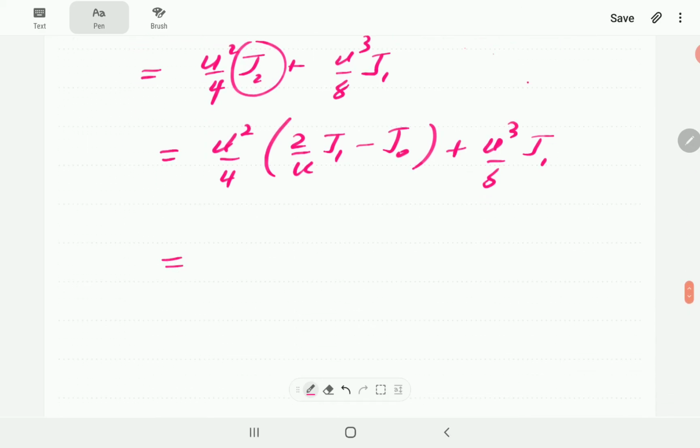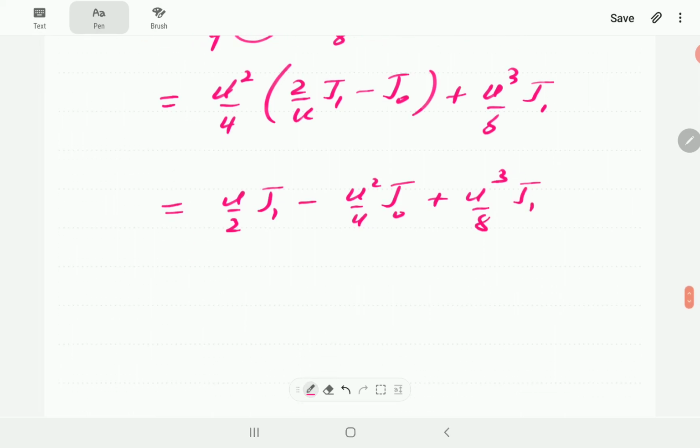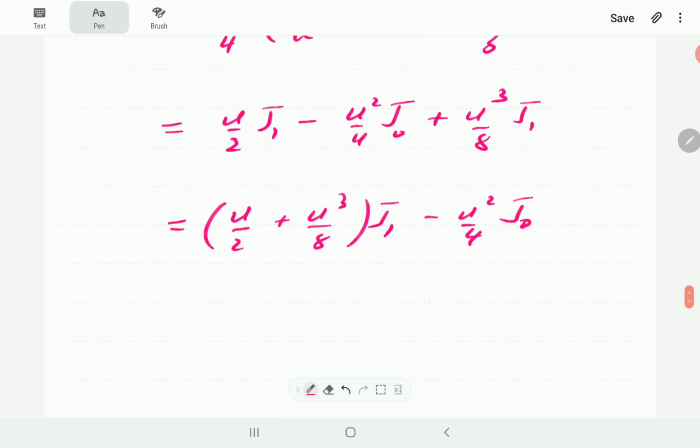Then if we remove the brackets, this is going to be u over 2 J1 minus u squared over 4 J0 plus u cubed over 8 J1. Then if we bring the J1 terms together, I have u over 2 plus u cubed over 8 J1 minus u squared over 4 J0.